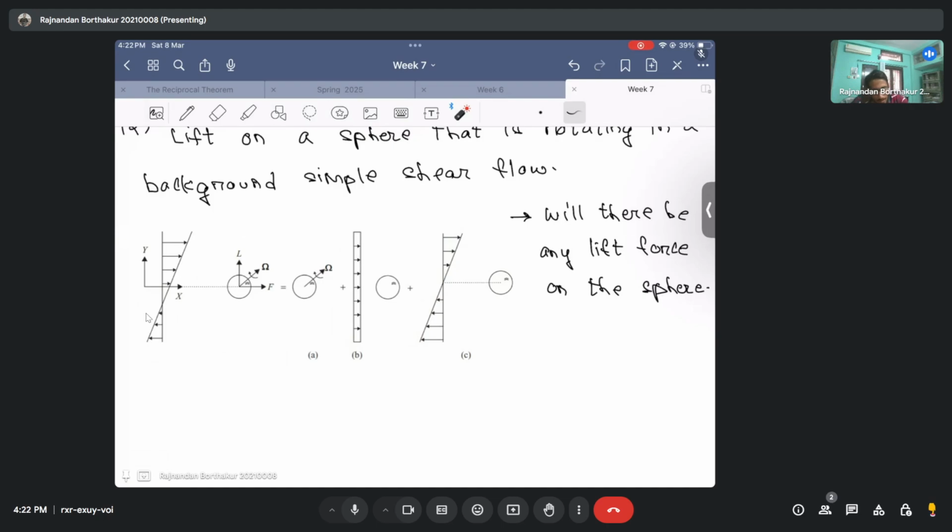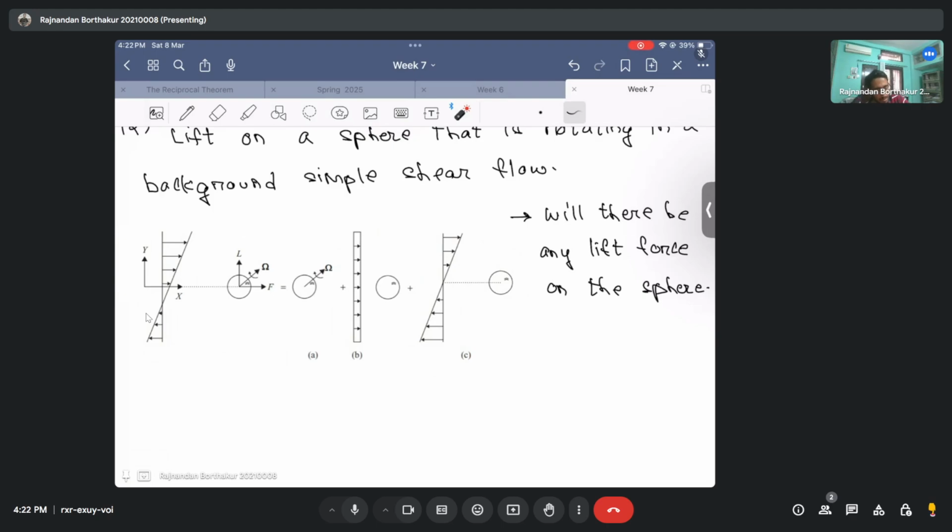I hope you understand. I'm decomposing this into a uniform flow, plus a flow which doesn't impart any net push to the sphere, because this flow will just give the sphere a constant vorticity without moving the sphere forward.